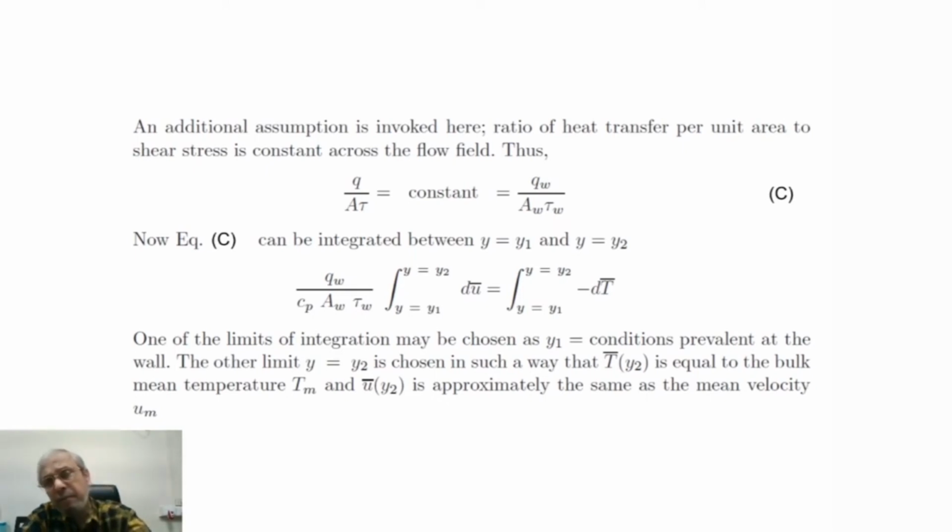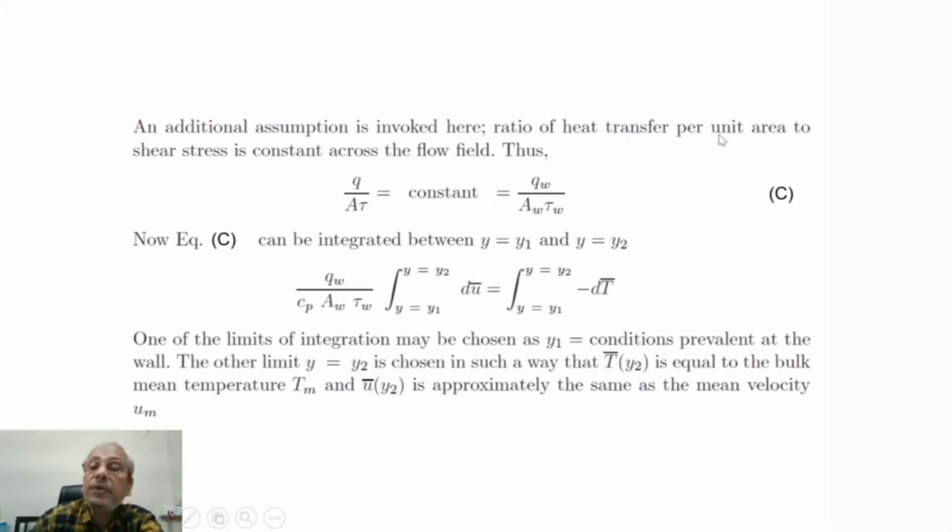That means from the wall to the center, at any radius, this Q by A tau is constant, and at the wall it is QW divided by AW into tau W. Sorry, Q by A tau: Q, the heat transfer rate, divided by A into tau, the shear stress.